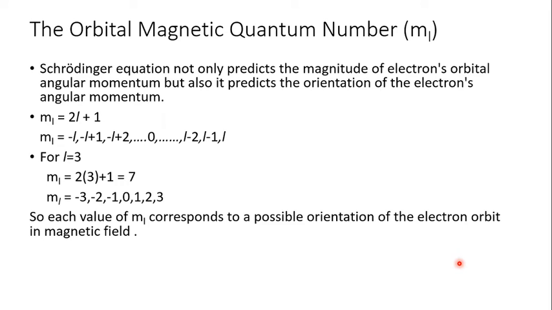So therefore, it will have 7 different orientations. How are they? Minus 3, minus 2, minus 1, 0, 1, 2, 3. So these numbers are 7. Each value of ml corresponds to a possible orientation of the electron orbit in the magnetic field.